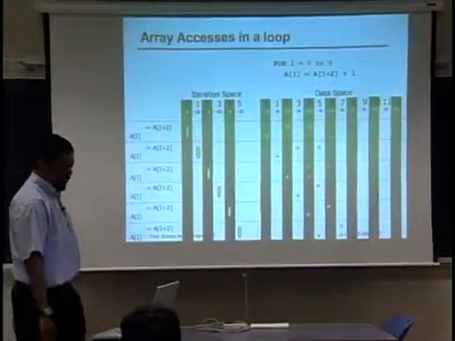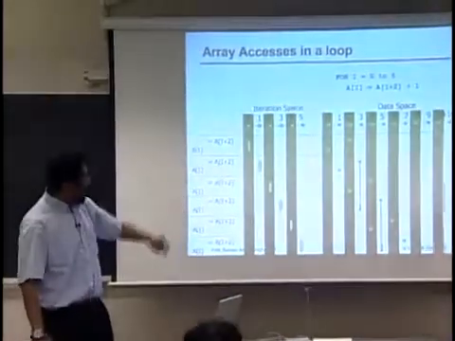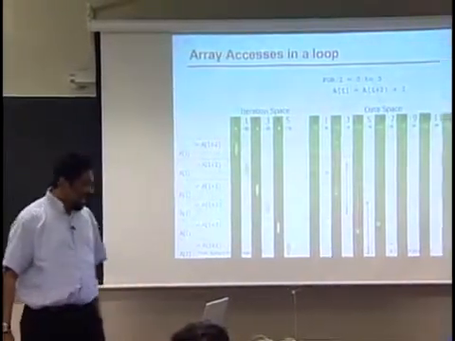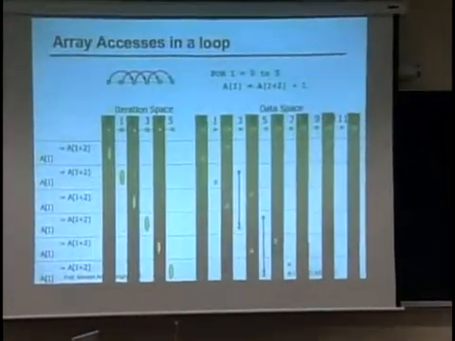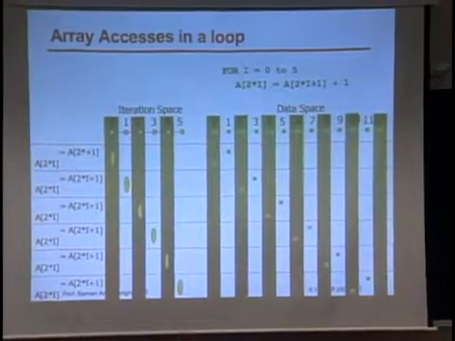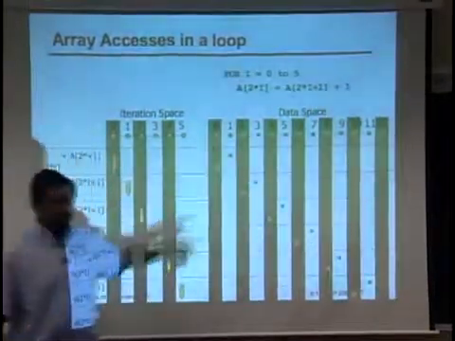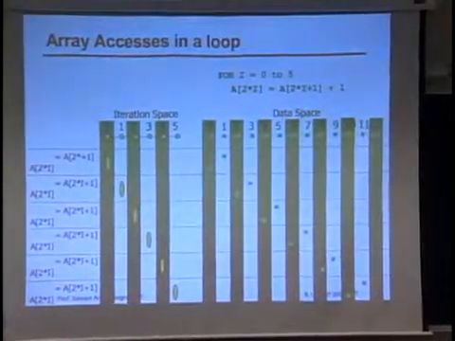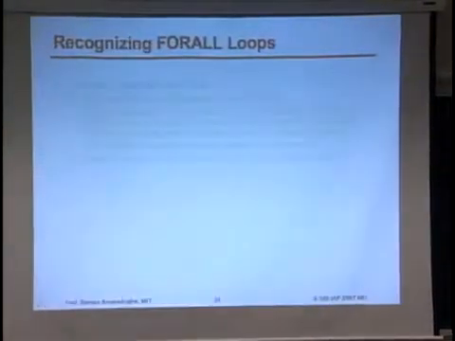If you have this one, I plus 2, of course it gets carried across, and you have a skipped representation in here. And if you have 2i plus 1, what you realize is there's no overlap, so there's basically no dependence in here. Okay, so you kind of get how the analysis goes.